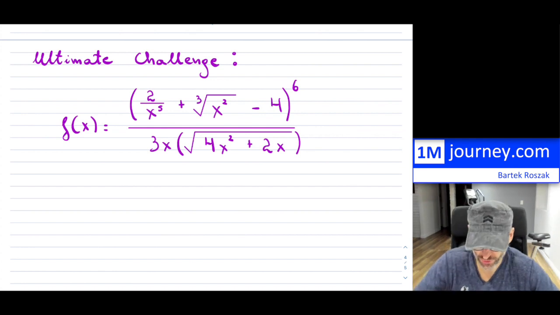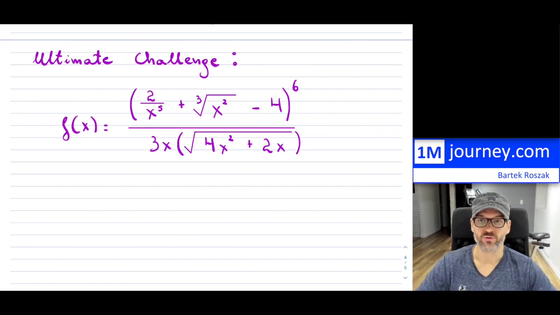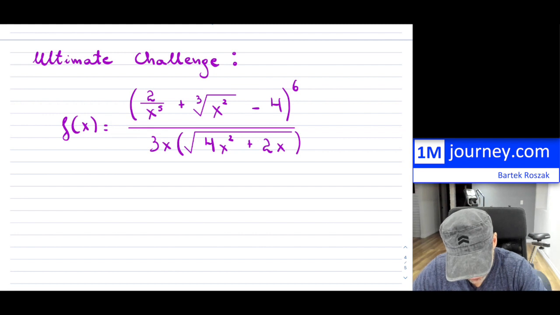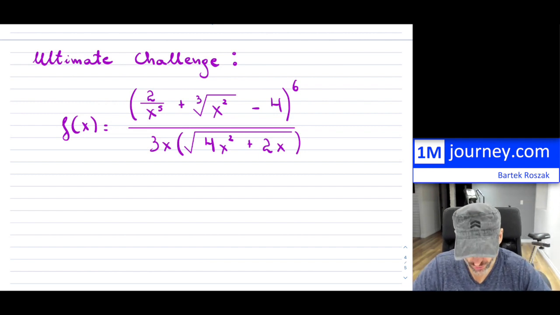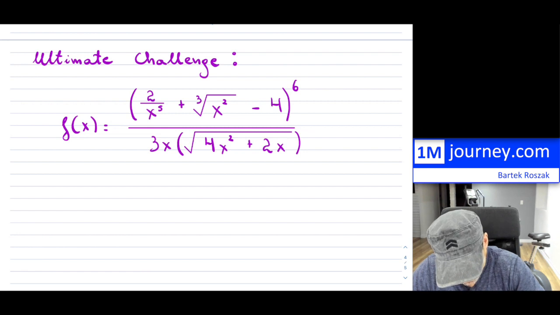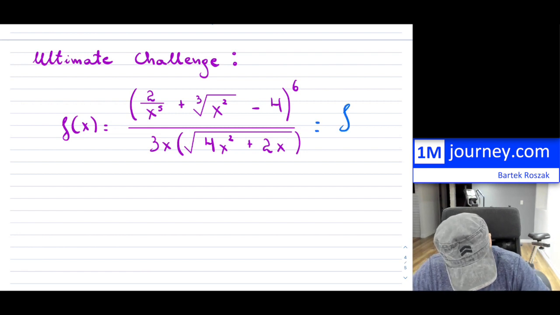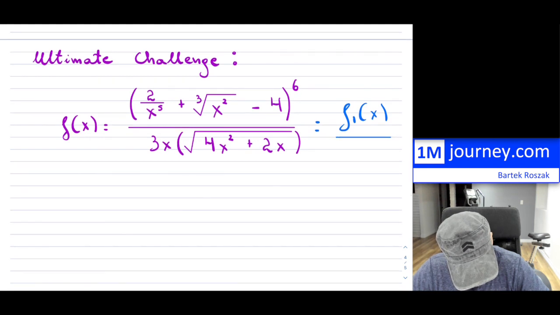And I would encourage you to try to see if you can do this, because it's a combination of everything. So I'm going to just do it in kind of one whole. What I notice is I have two monstrous functions. So I have a quotient here that I'm dealing with. So I'm going to have to try to apply the quotient rule. Now let me say that this is my f1 of x, and this is divided by f2 of x.